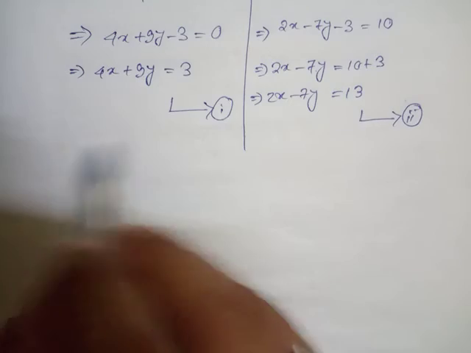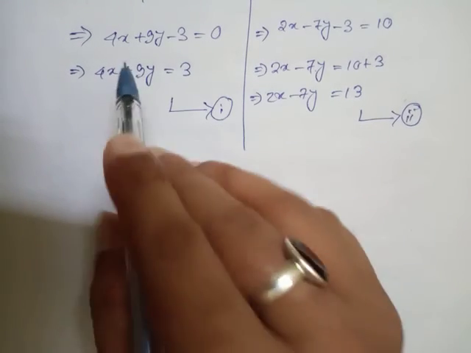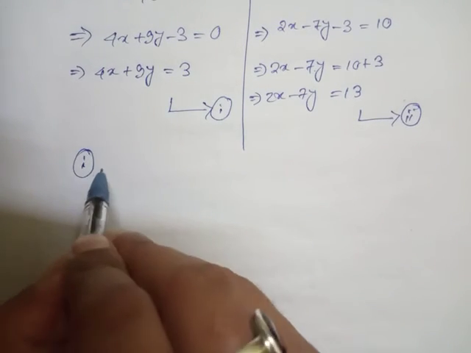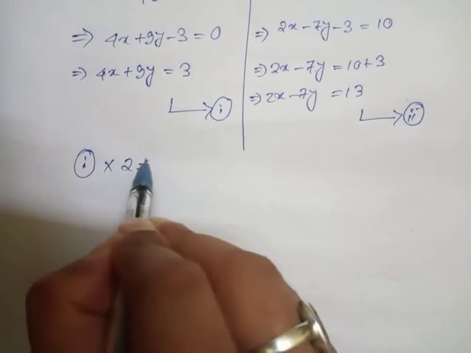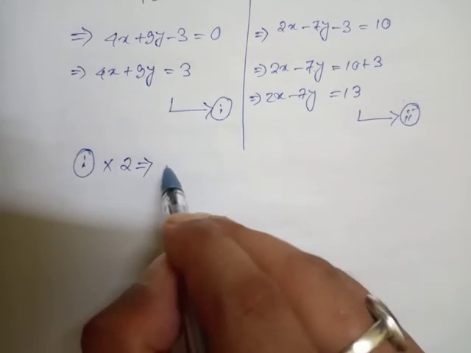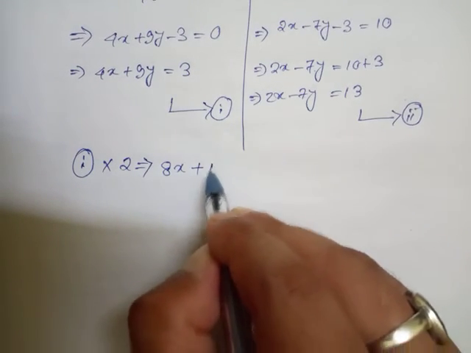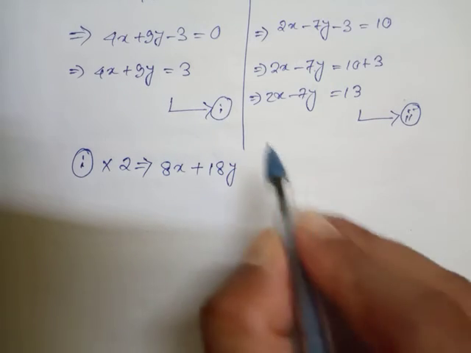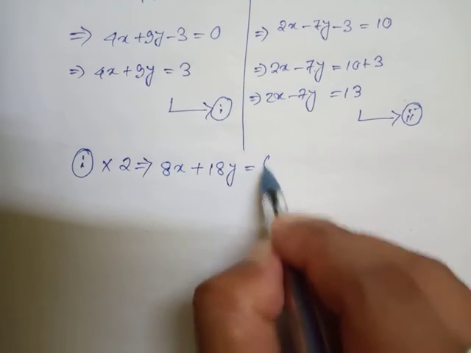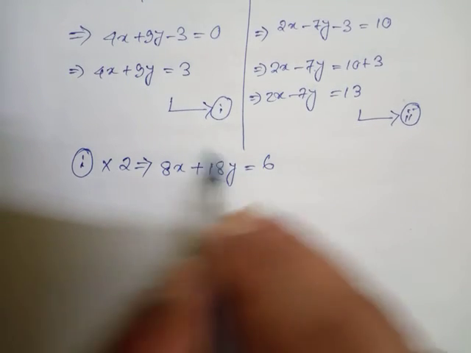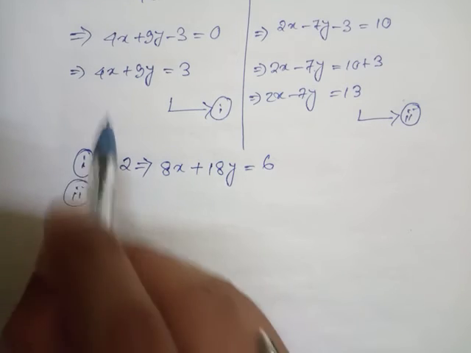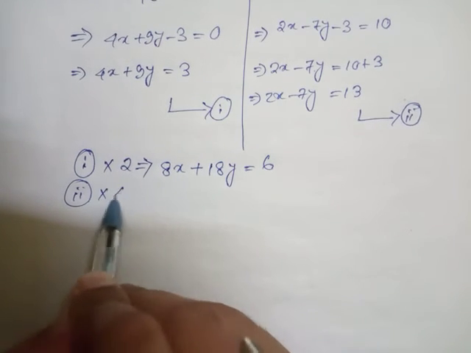Now look after that, there is 2x, there is 4x. Now multiplying equation number 1 with 2, the coefficient of x, so 4 twos are 8x and 9 twos are 18y, then 3 twos are 6. And here again equation number 2 with the coefficient of 4x, means 4 only.